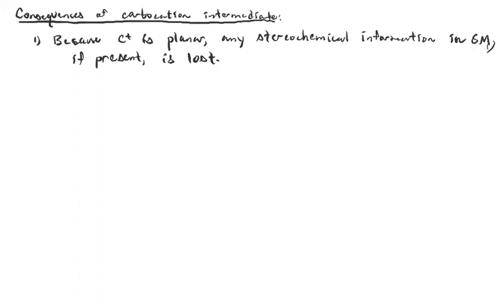For example, if I take a chiral tertiary alkyl halide, and we're going to say that I've got a single enantiomer of the starting material.